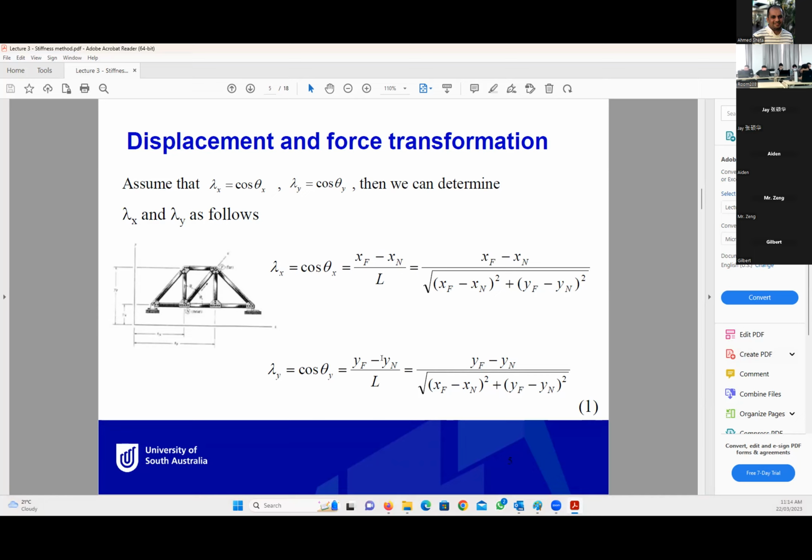In this class, to make it easier, we will assume cosine theta x is lambda x, and cosine theta y is lambda y. So we will deal mostly with cosines. That's why we have two angles. What is the relation between the two angles? Do you know the relation between the two angles? Is there any relation between theta x and theta y?